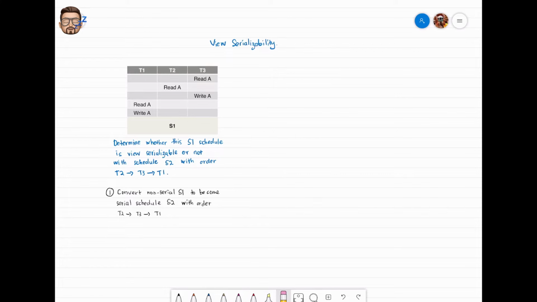The first thing that we need to do is convert the non-serial S1 to become a serial schedule S2 with order T2, T3 and T1. So it has to start with T2, followed by T3, followed by T1. What is the operation inside T2?